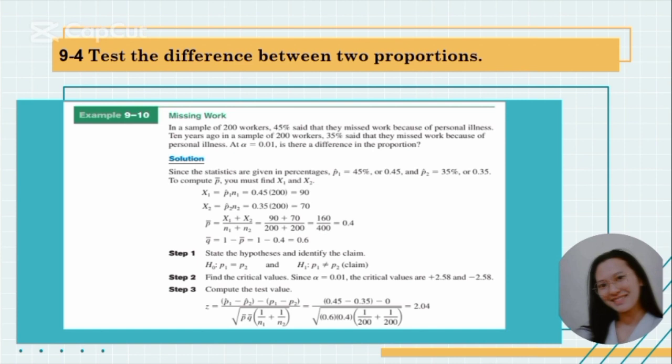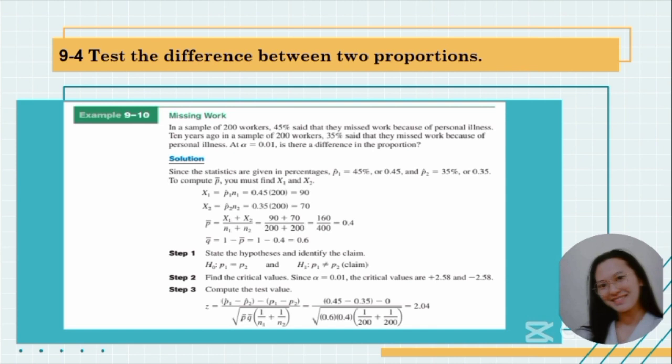So the solution is, since the statistics are given in percentages, P hat sub 1 equals 45% or 0.45 and P hat sub 2 equals 35% or 0.35. To compute the P bar, you must find X sub 1 and X sub 2.